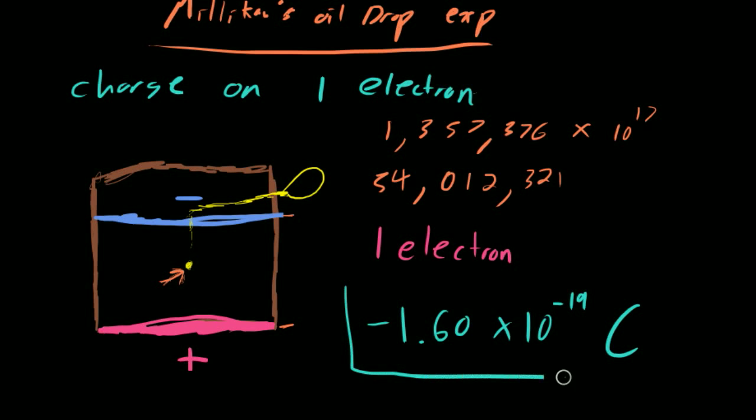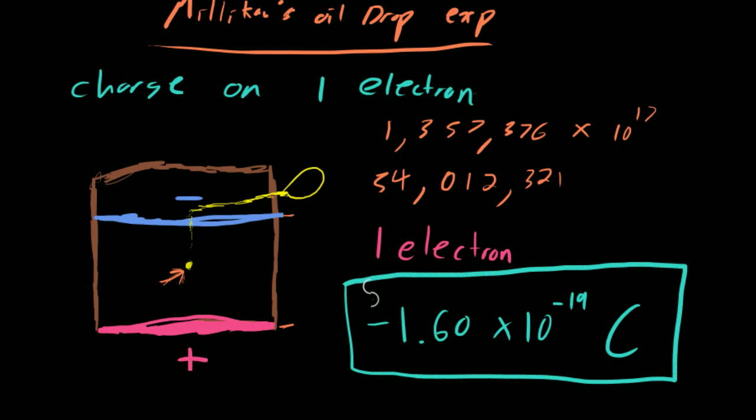That is what Millikan determined to be the charge of one electron, and it's the figure that we will use for some more problems that we'll hit later on in the book. And I promise I'll do maybe one more video explaining Millikan's oil drop experiment that will clarify this.